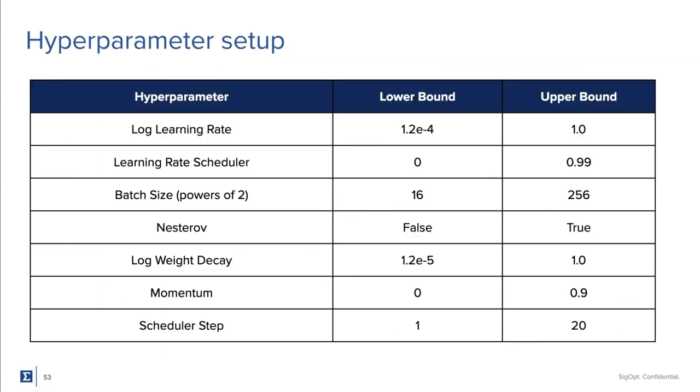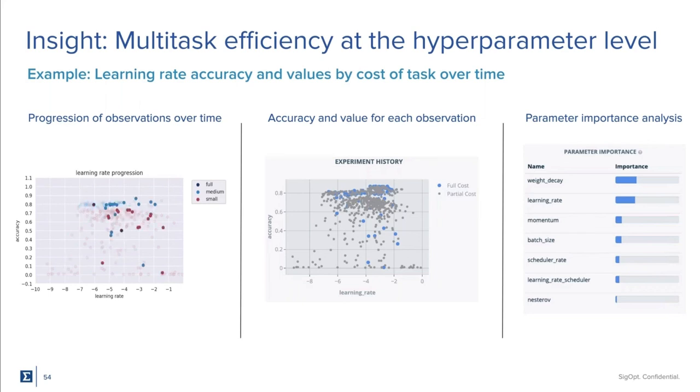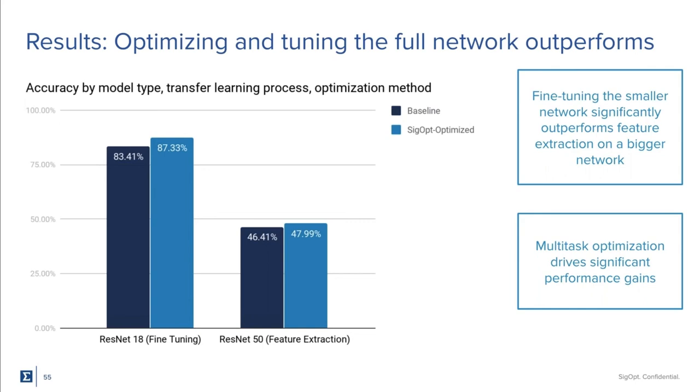One interesting thing that we found here is by just tuning these 7 different hyperparameters, we were able to efficiently leverage this multitask optimization method to get to significantly boosted performance in both a larger network as well as a much smaller network. There are 2 interesting insights here. One is that not only are there significant potential gains to be had by tuning a method that's already been pre-trained on something like ImageNet, that's already very well understood like ResNet.